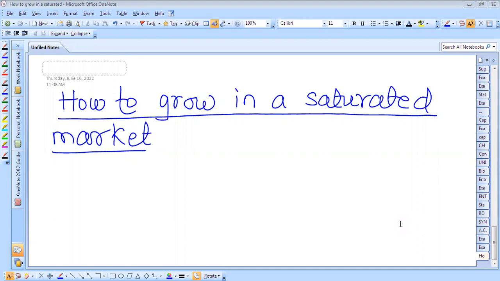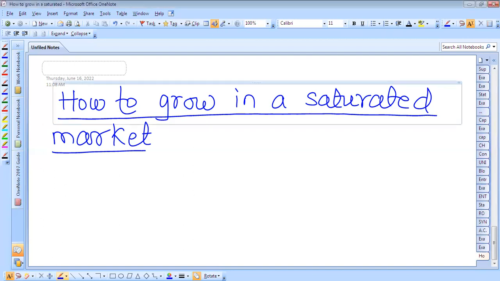The sales of their products as well as the profit are very high. But there is a problem when there are competitors in the market. There is a saturation in the market. So here we'll discuss how to grow in the saturated market. If the market is saturated, then how do we have to grow in it?